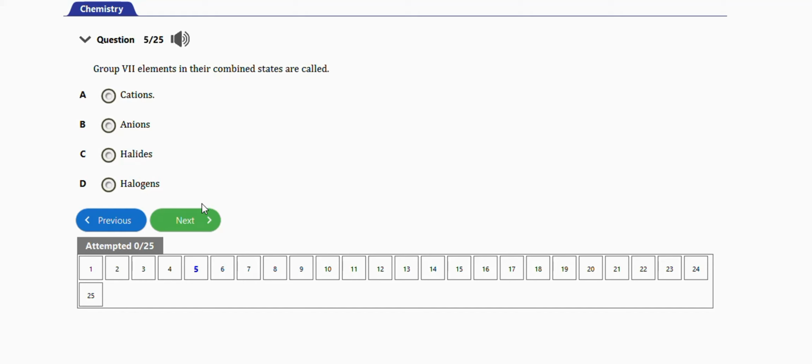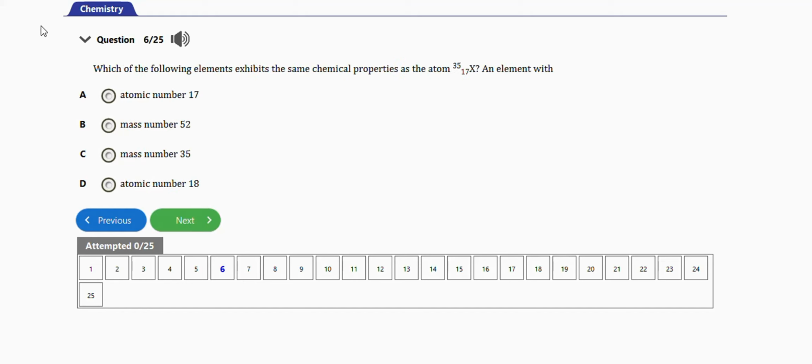The next question will be this one. It says which of the following elements exhibit the same chemical properties as the atom? An element with atomic number 17, mass number 52, mass number 35, atomic number 18.